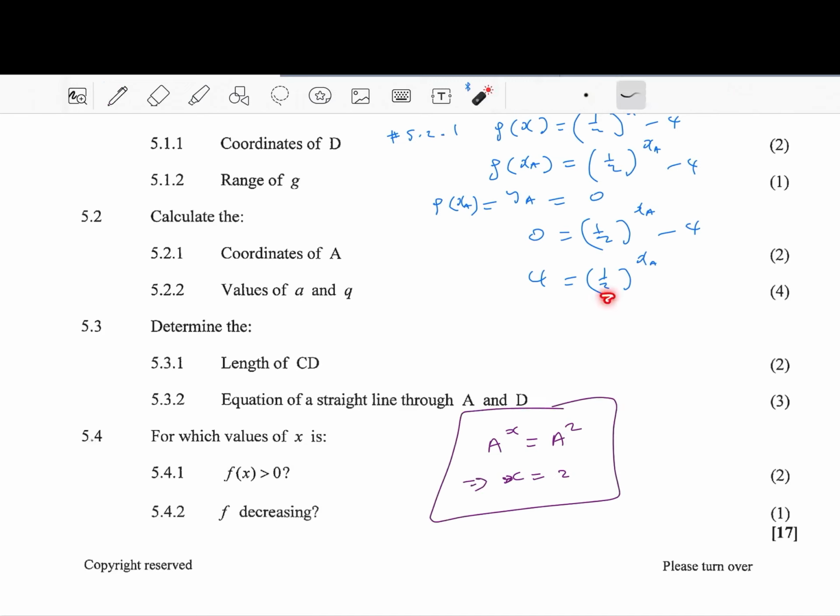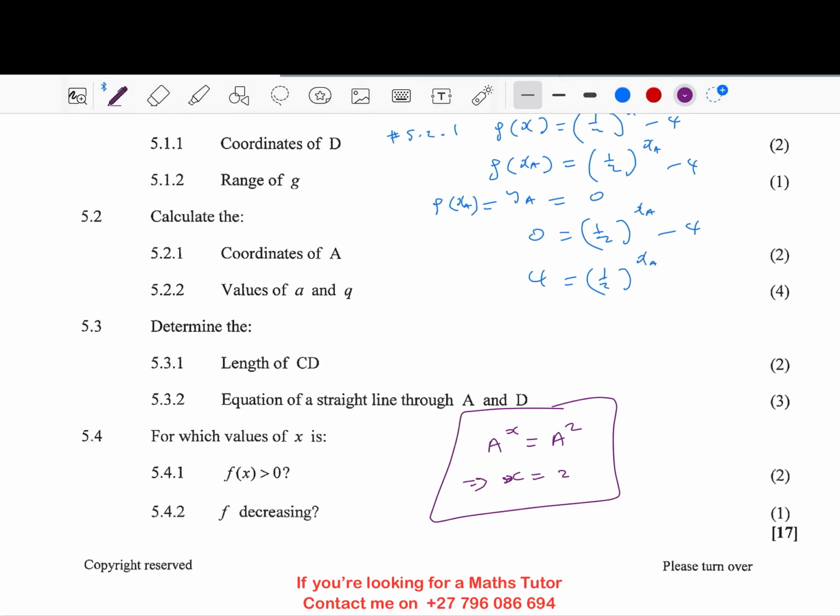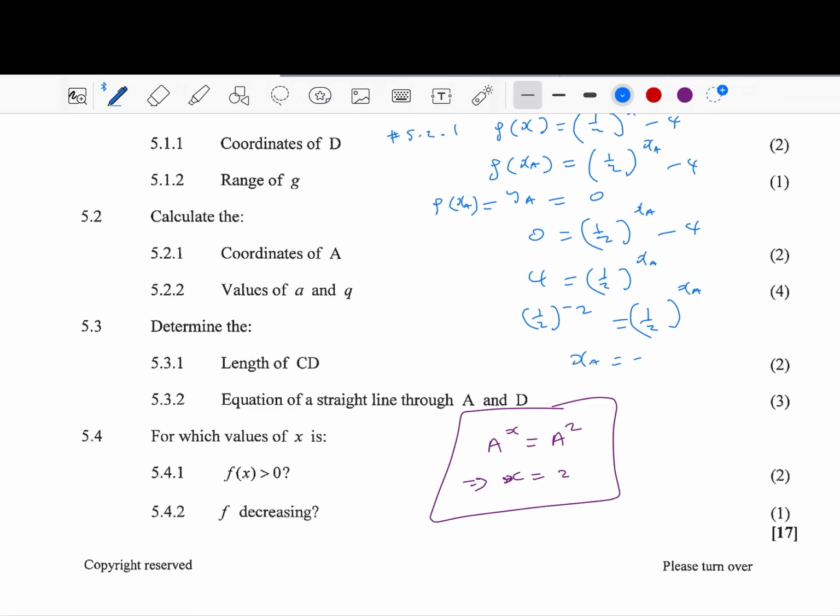So that's what you're going to be doing here. Essentially you want to make this half and make that half. So we want to make 4 a half power something. If you have half power negative 2, that is 4, right? You can find it in the calculator. Half power negative 2 is 4, so therefore xa is equal to negative 2.